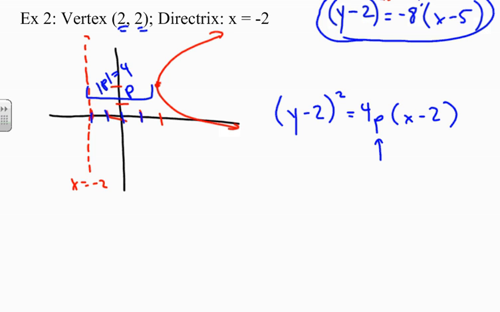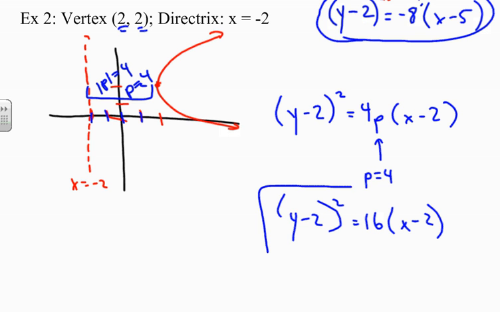Since this opens to the right, p is going to actually equal positive 4. And so we plug positive 4 into here, and we have y minus 2 squared equals 4 times 4, which is 16, times x minus 2, our final solution for that one.